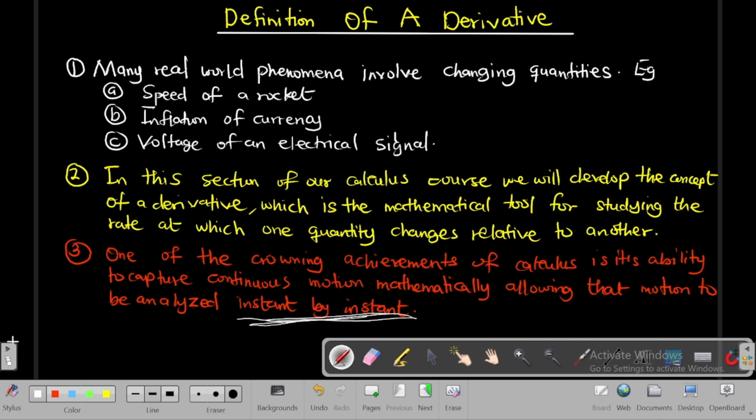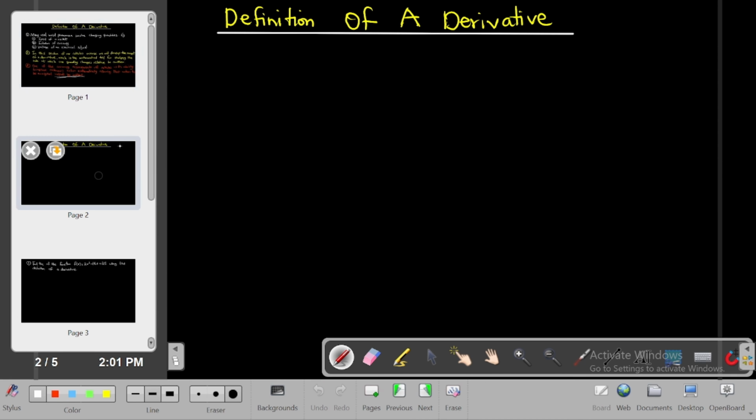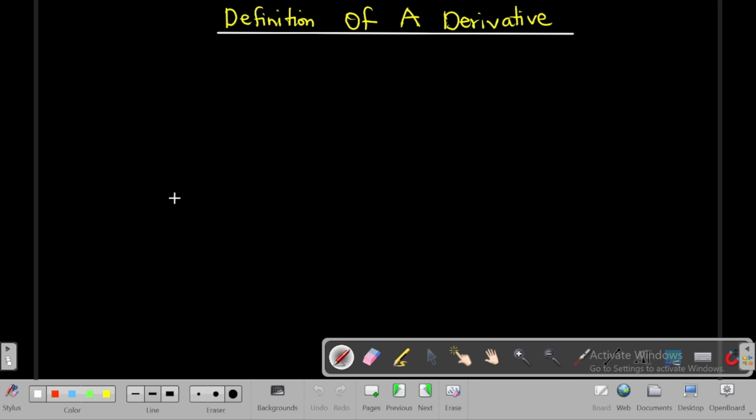Now let's look at this on a diagram representation. All right. So let's say we have a graph, and the graph has a curve on it, the graph of a curve.